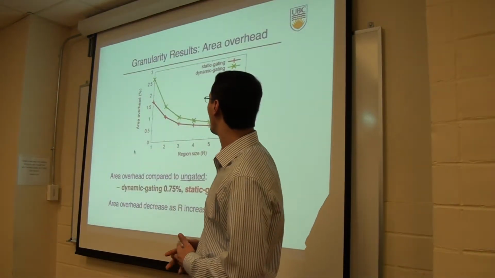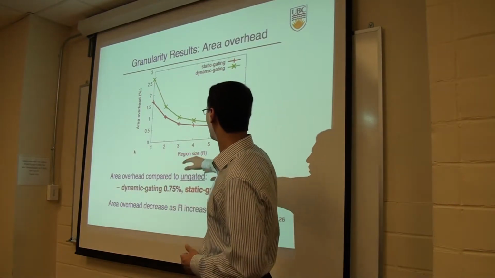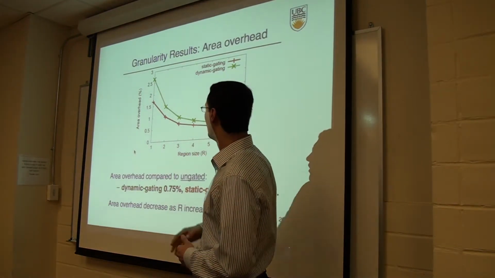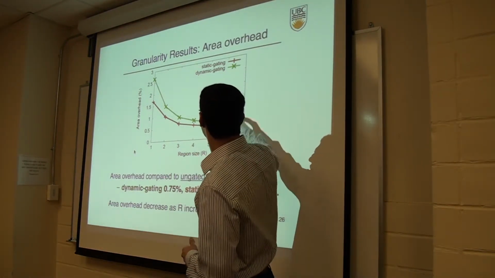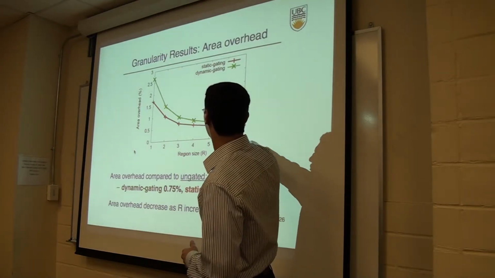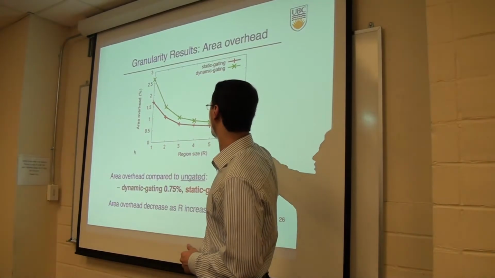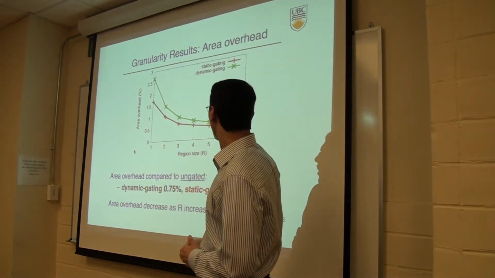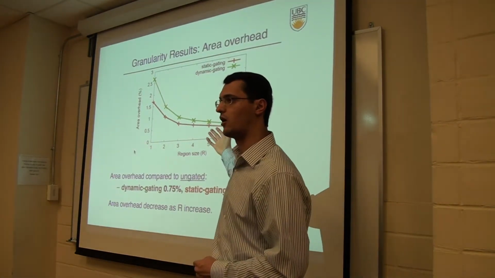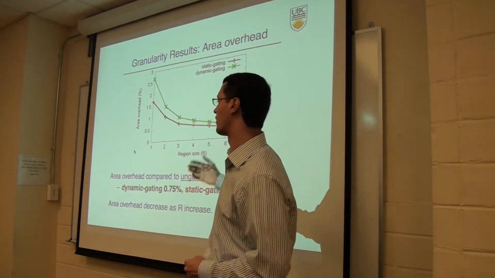Also, we studied the amount of area overhead as we vary the region size. So these lines are the static gating architecture represented by the red line, and the dynamic gating architecture is represented by the green line. And they are compared to an architecture that doesn't have power gating.